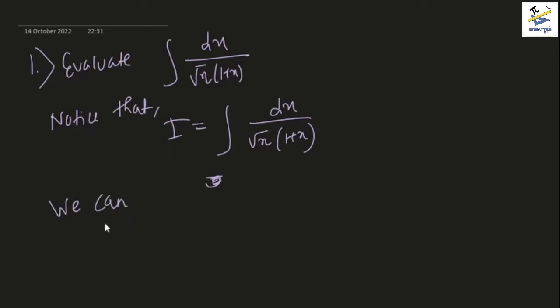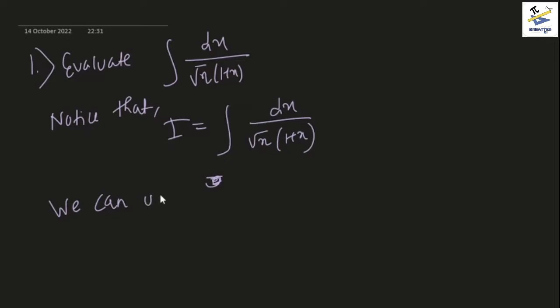Obviously before, when I give you any of these problems, first try to pause the video, try the problem on your own at least for 10 minutes. If you can't do it, then come back to the solution. Only then would it be fruitful for you to learn the solution, because otherwise if you do not really try to solve it, then new methods and new ideas will never pop up. Obviously if you do not understand it at all, then you can proceed to the solution, understand it, revise it again, try to do it on your own. That is the only way you are going to learn, right?